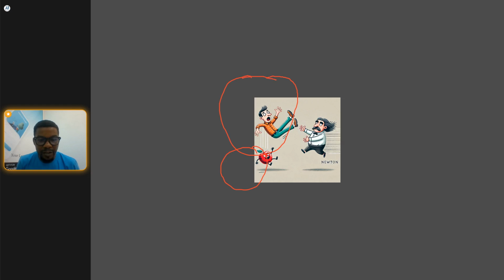So in this space, when they're experiencing the force that is pulling them downward, that space is said to be the gravitational field. The space where this man was experiencing gravitational force, and this apple also, is called the gravitational field.